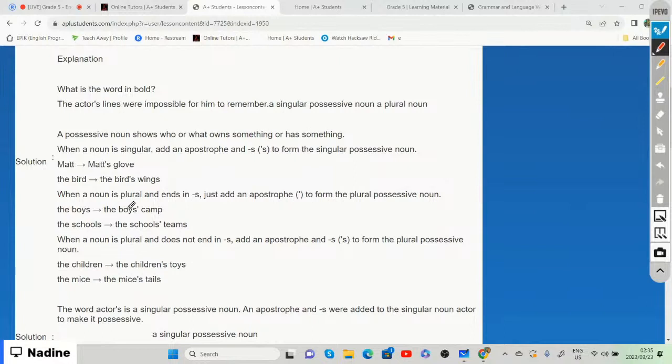And when a noun is plural and does not end in s, we just add an apostrophe and an s to form the plural possessive noun. For example, the children.